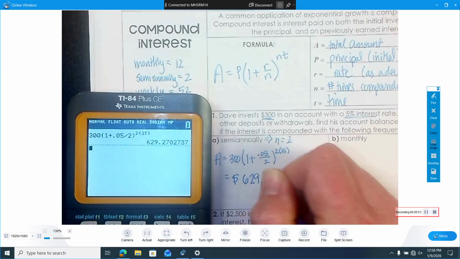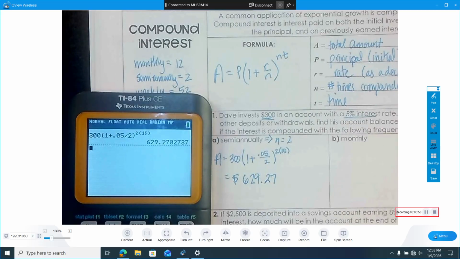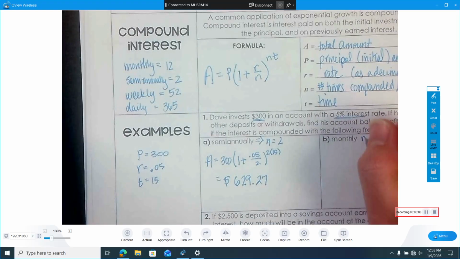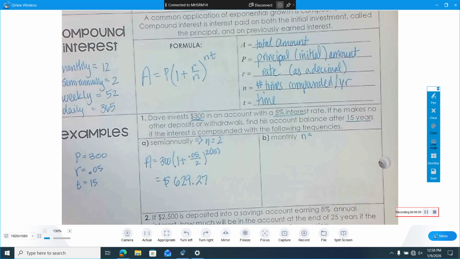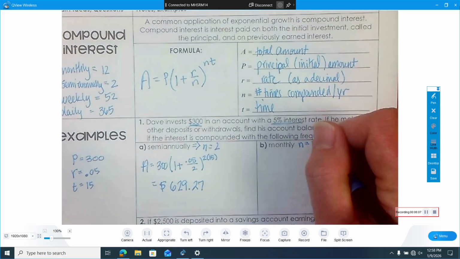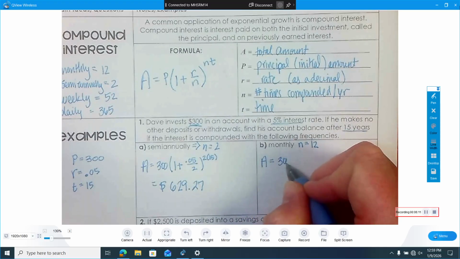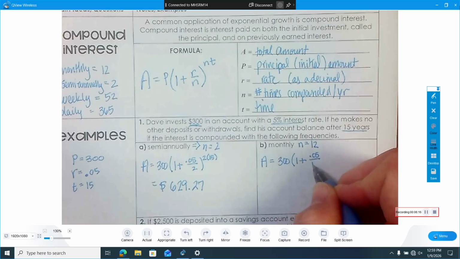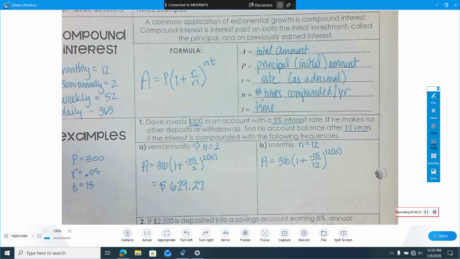And we are talking about money. So $629.27. So that's compounded twice a year. If we compound it monthly, what is our end value? 12 times per year, yep. And so our formula for this one, we're starting with $300, 1 plus 0.05 over the 12 times per year, raised to the 12 times 15 years.